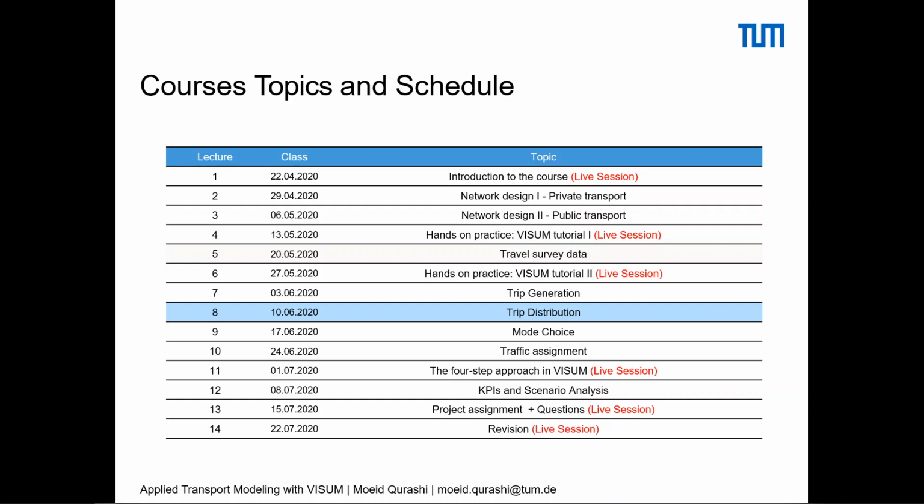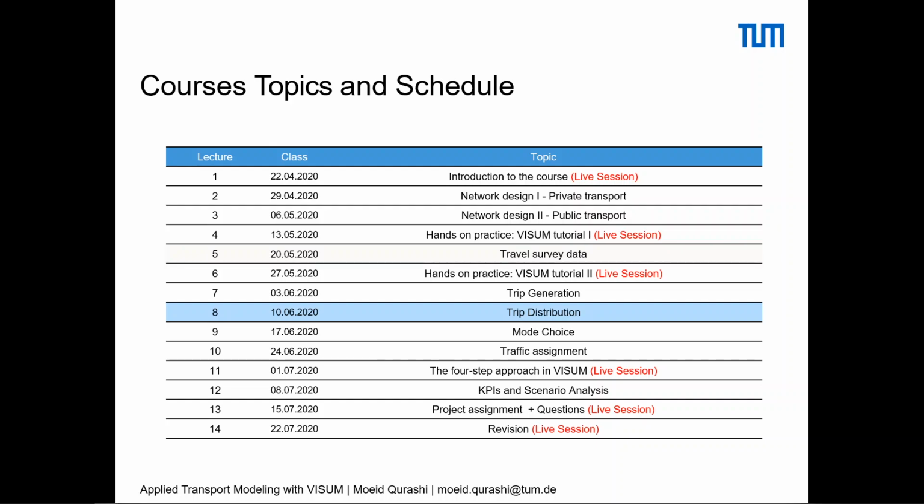In the previous lecture, we started with our network containing the zones and the supply side of the network, the roads and public transport, along with our zonal attributes and household travel survey data. From the household travel survey data, we created different demand groups and ended up getting trip generation and attractions for all the zones.